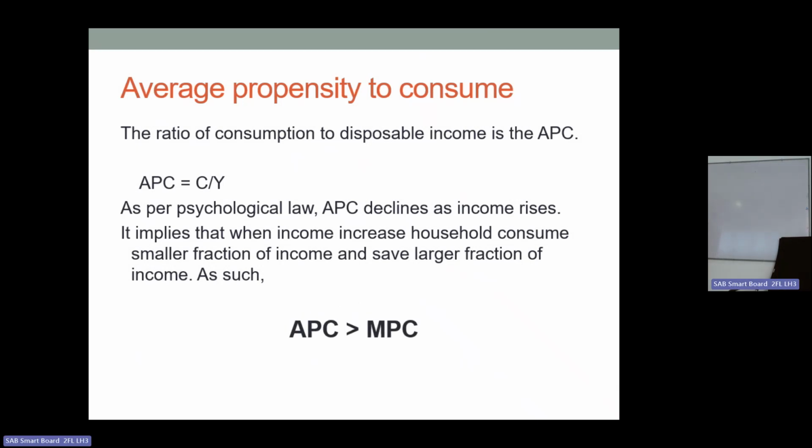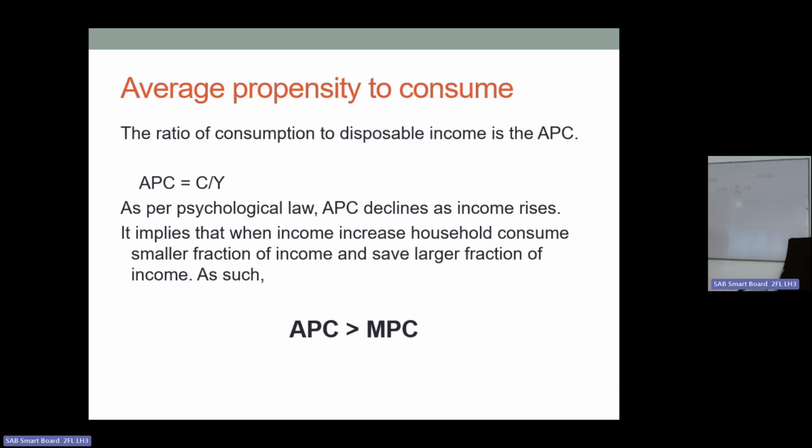So why? APC means average propensity, C over Y. MPC means delta C over delta Y. That is the b, as we express in the consumption function C = a + bY.